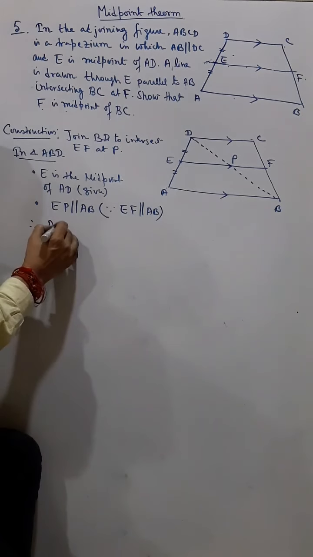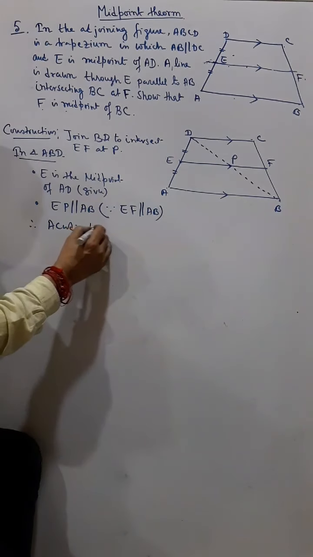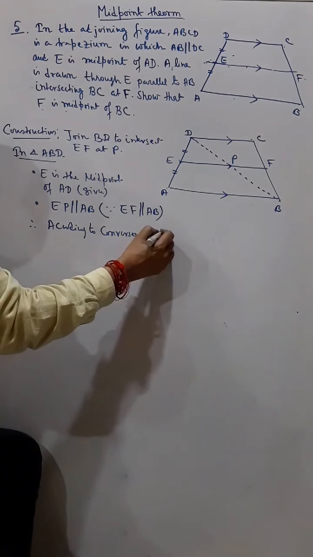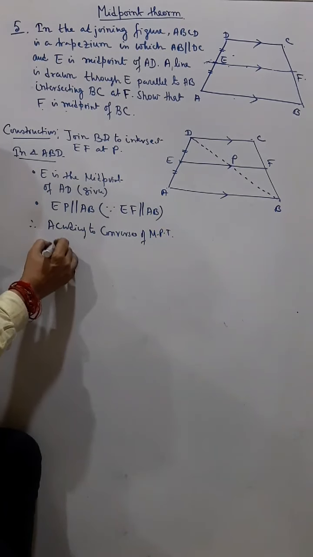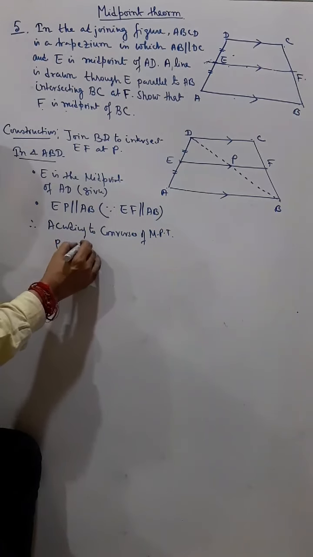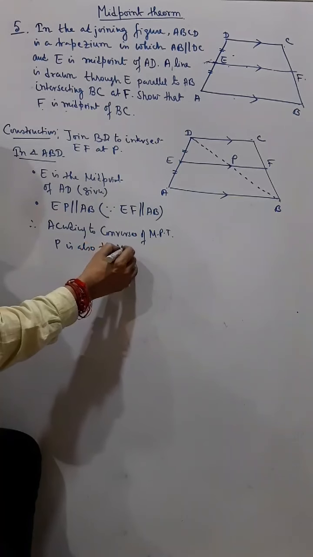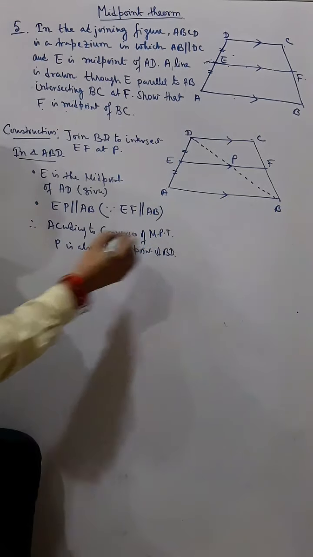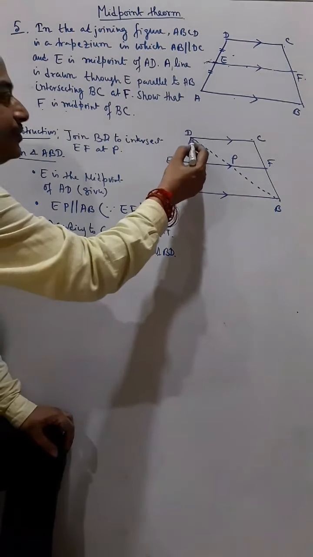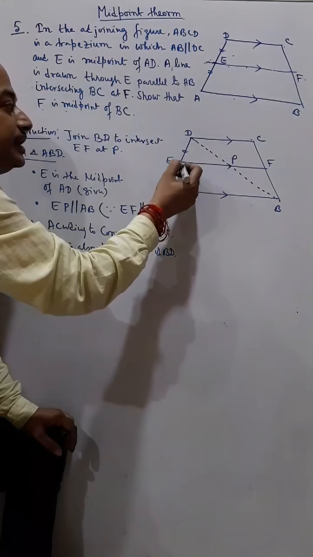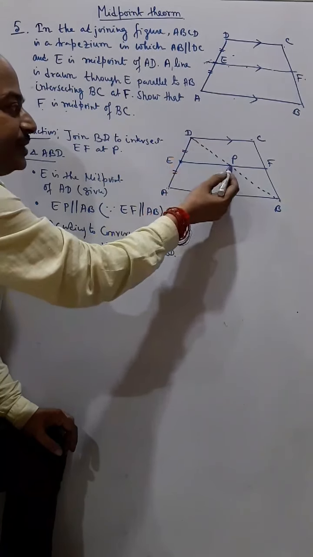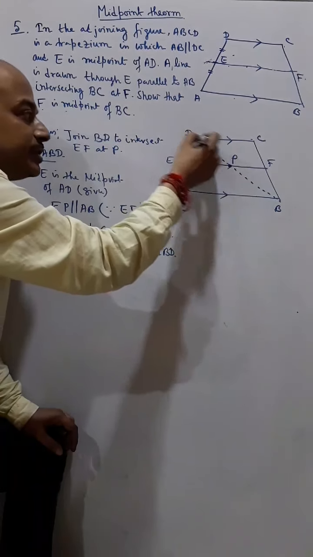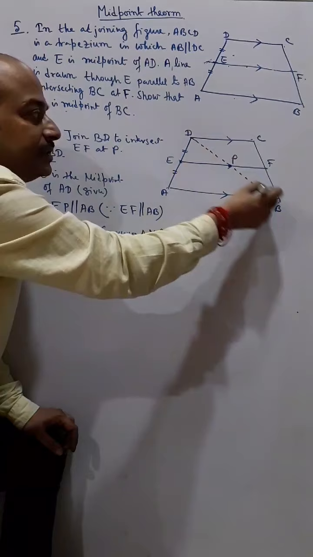According to the converse of the midpoint theorem, we can say that P is also the midpoint of BD. Understand? If E is the midpoint of AD and EP is parallel to AB, then according to the converse of the midpoint theorem, this P is also the midpoint of BD.